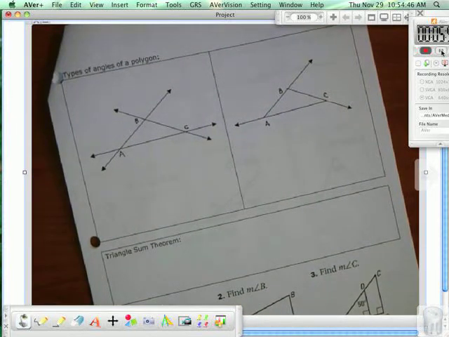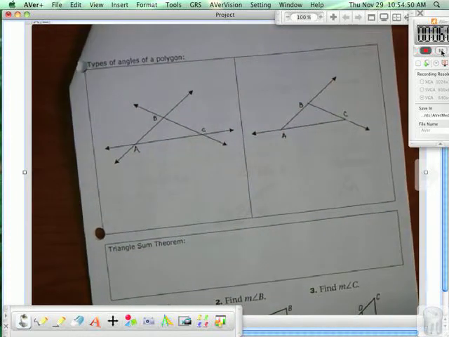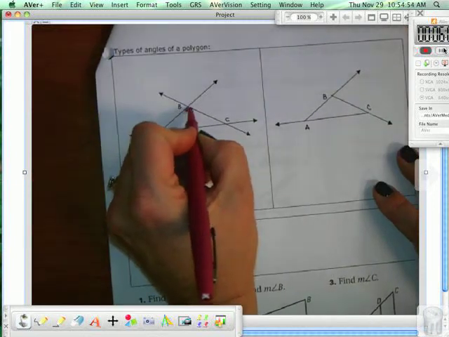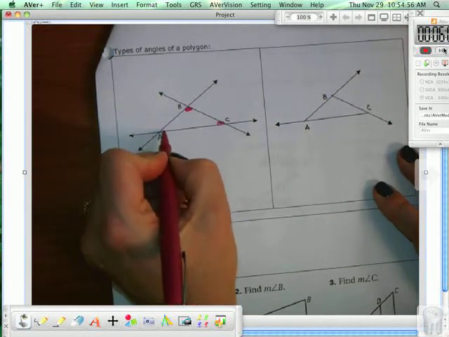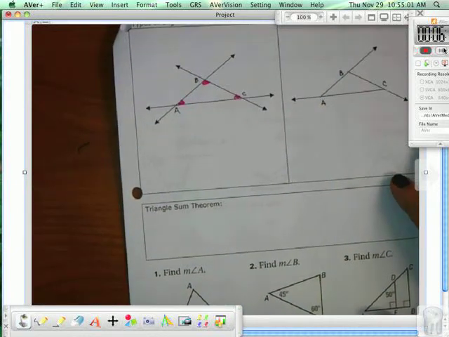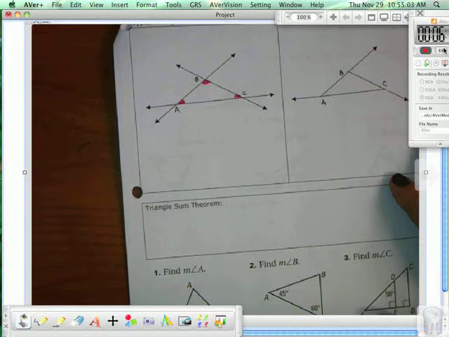All right, now, types of angles. I want you to just kind of shade in these angles here, just like a little bit, so you know what we're talking about. So when they're inside the triangle, what do you think they're called? What's the math term we've used for inside?